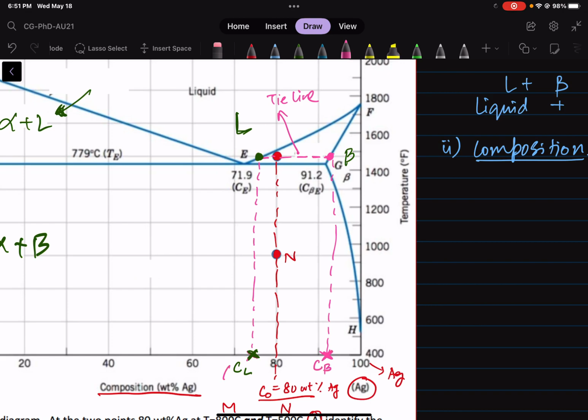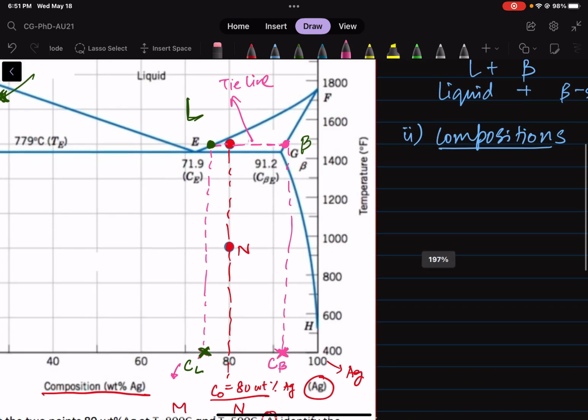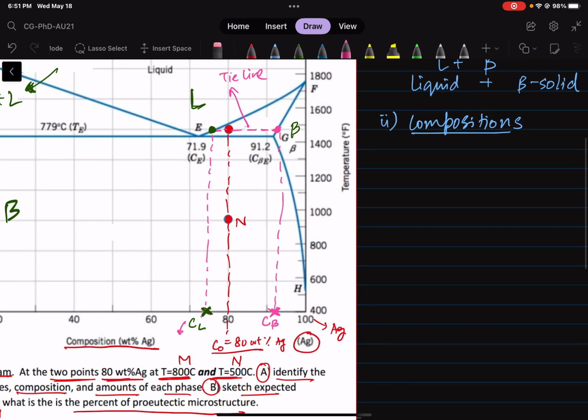So you can approximate this C_L. Let's write that down on this side. So the C_L, the composition of liquid, will be about 74 weight percent silver. And C_beta, which is the one marked here.